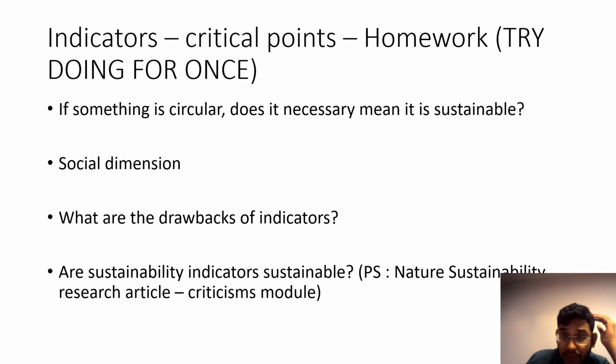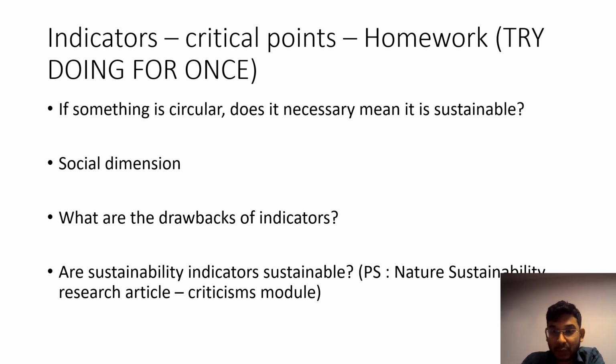Okay, so what we have covered thus far: I told you what indicators are, and what the classifications of indicators are. I gave you an Excel sheet to see which indicator you can choose for your own question. And I showed you how somebody developed an indicator of longevity for mobile phones, which is an indicator for circularity. Having said all these things, it's also important to analyze indicators critically, okay?